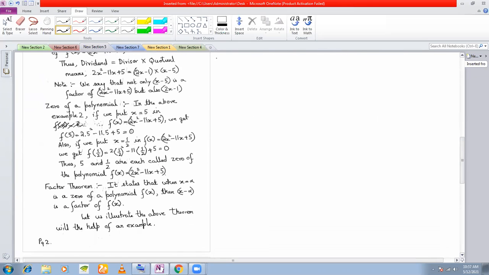Next, we discuss the next important concept, which is called the zero of a polynomial. Let us consider this very simple polynomial. Now here, let us put x is equal to 5.